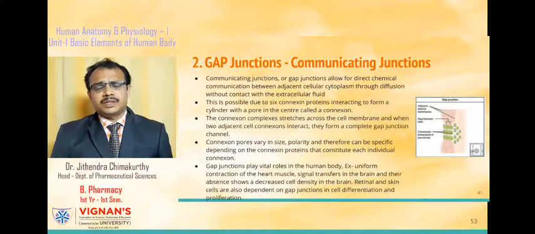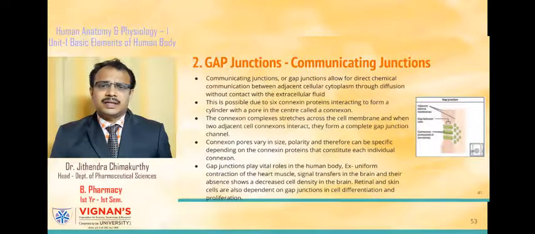There are some proteins called connexins in the cell membrane, and these connexins unite to form a connexon. The connexon proteins extend through the cell membrane and they form a gap junction when they come in contact with the connexons of the other cell membrane.